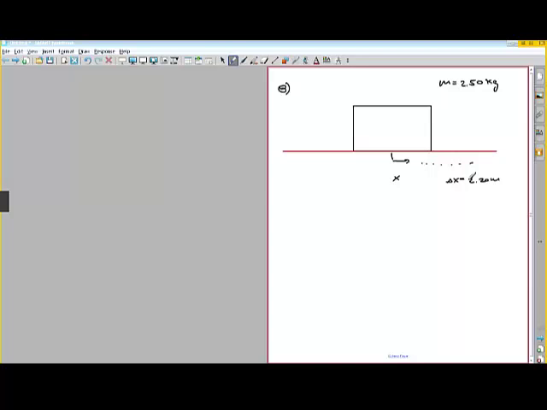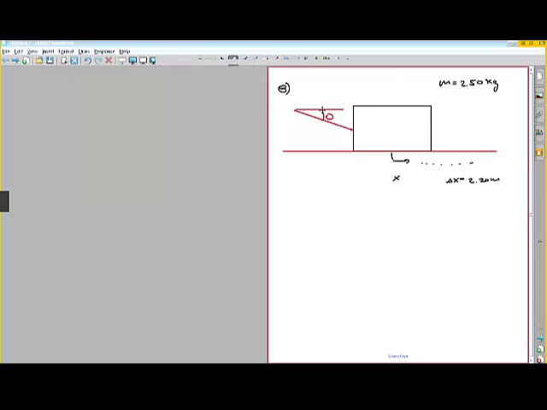Okay. As pushed by a 16 Newton force directed 25 degrees below the horizontal. So I think how I'm interpreting that is, I think I was pushing it downward. So if we push like that, and then we draw a horizontal line here, so that's just a reference line.